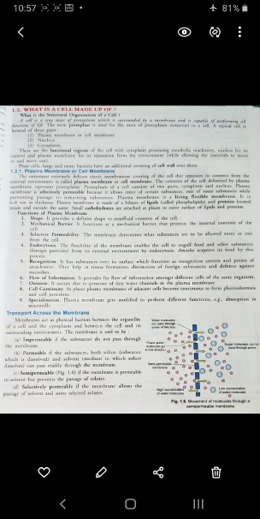It gives shape to the cell. Second is its function as a mechanical barrier. It is a selectively permeable membrane. Its function is also endocytosis. Next is recognition, meaning it has substances over its surface which function as recognition centers and points of attachment.